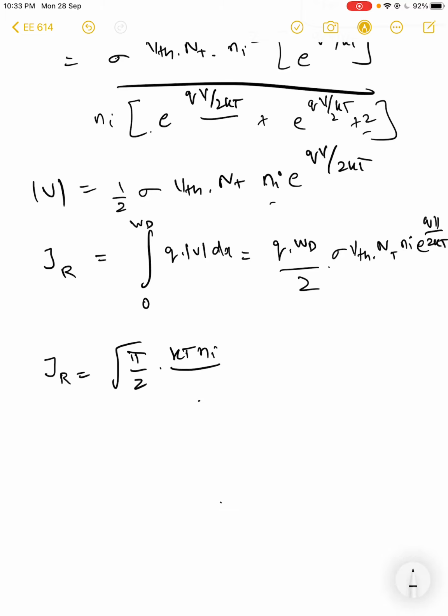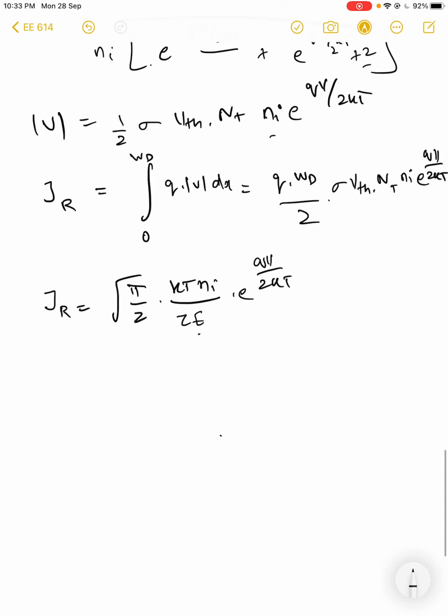You know that as E increases, the depletion width reduces, right? e power qV by 2kT. So even under correct calculations, we still have the e power qV by 2kT. We have additional terms from the recombination and the applied electric field, right?